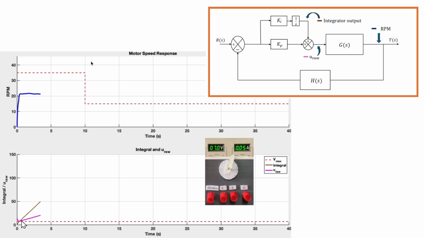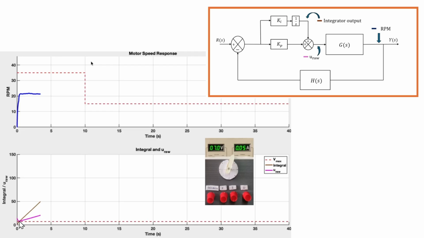If the error keeps on accumulating, then the integral's output keeps on increasing, and then the output of the controller as a whole keeps on increasing. However, after reaching a threshold, if we stop the integral, then this output will not increase. So that's what we are going to do now.